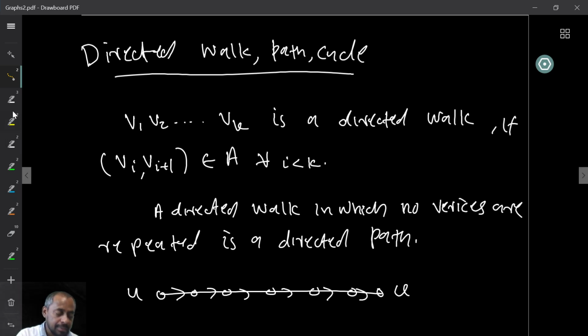For example, if you have such a setting, 1, 2, and 3, and if these are the arcs, then there is no 1, 3 walk. This is not a 1, 3 path or walk, but in the undirected graph, this would have been a walk.